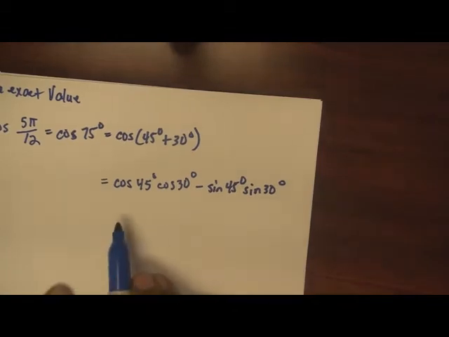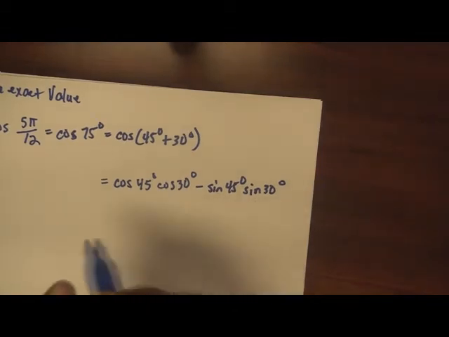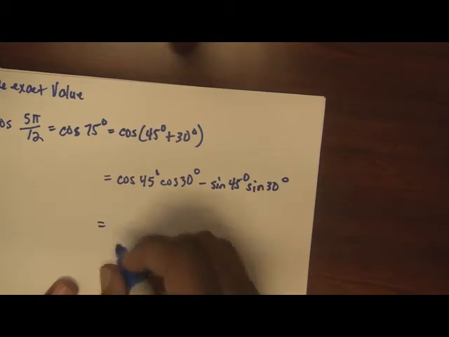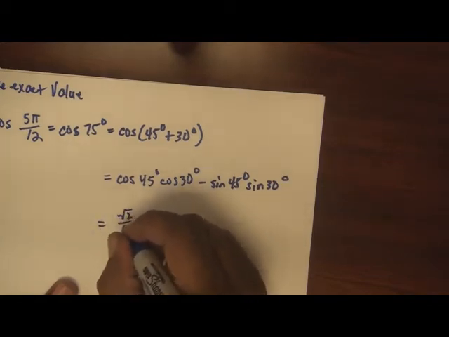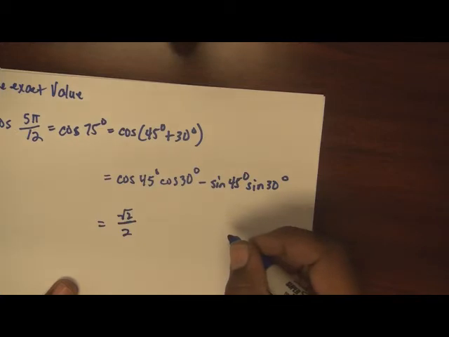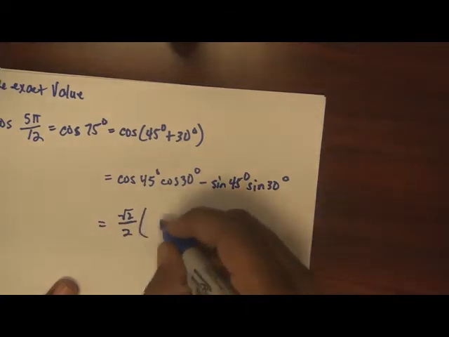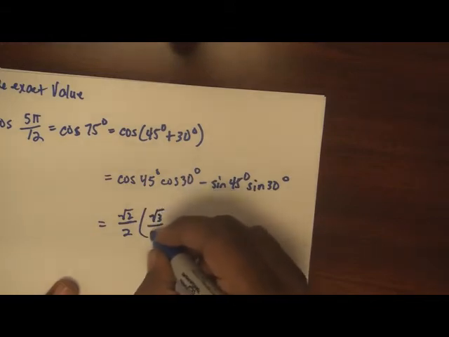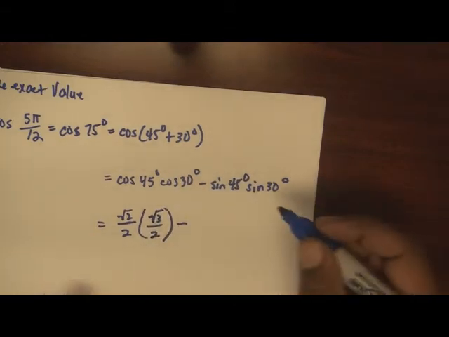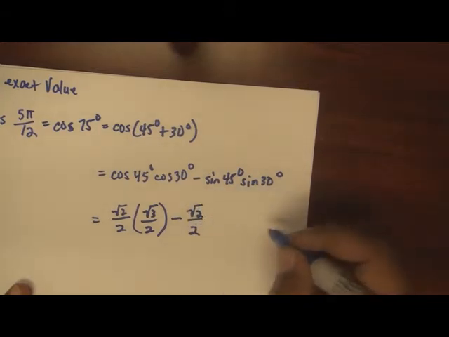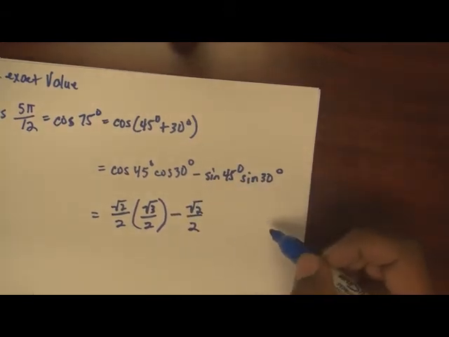I'll next use the unit circle to pull out the values. The cosine of 45 degrees is square root of 2 over 2. The cosine of 30 degrees is square root of 3 over 2. The sine of 45 degrees is square root of 2 over 2.